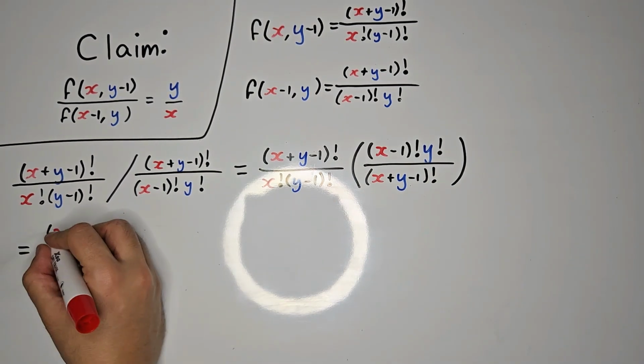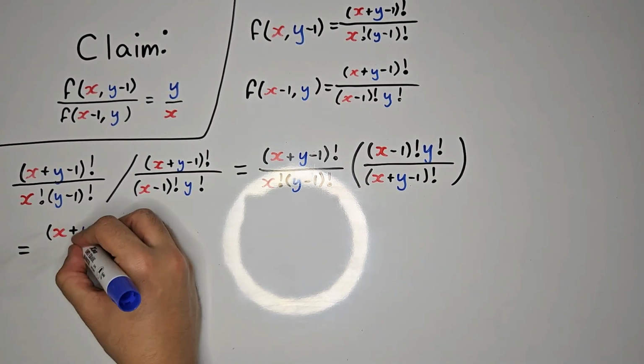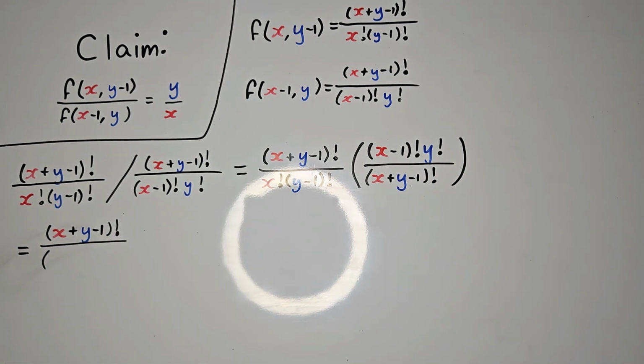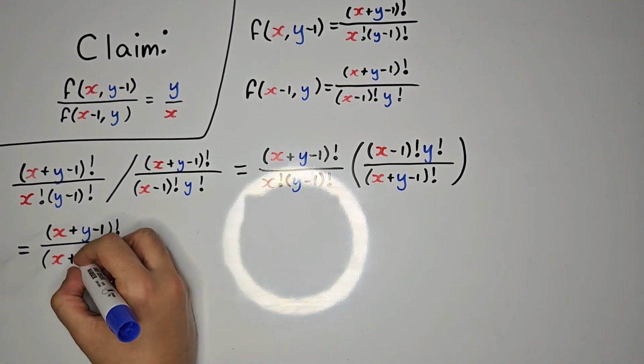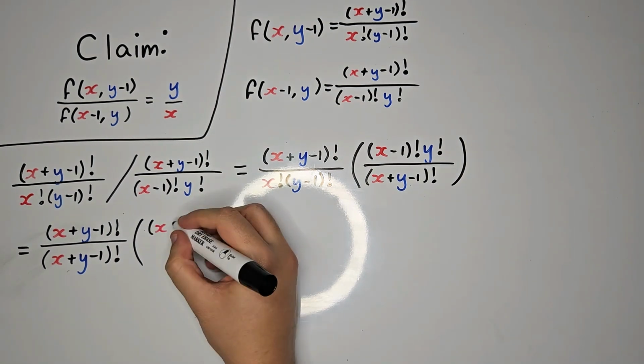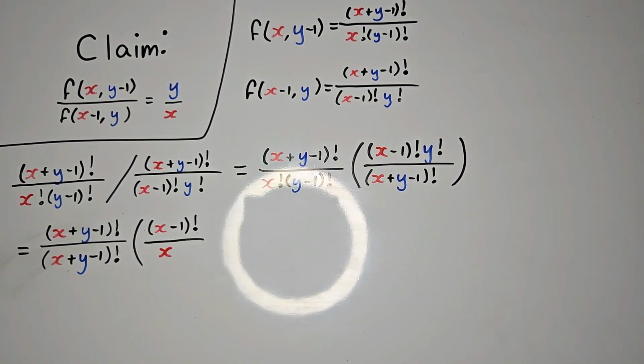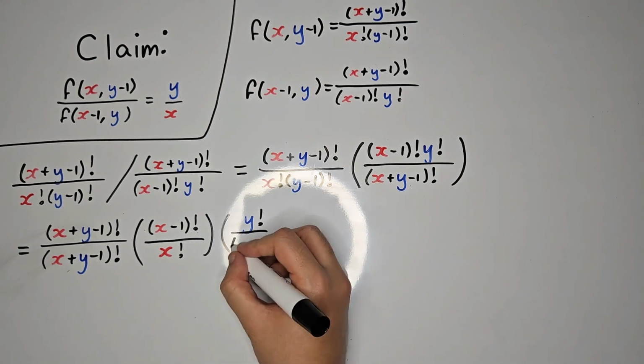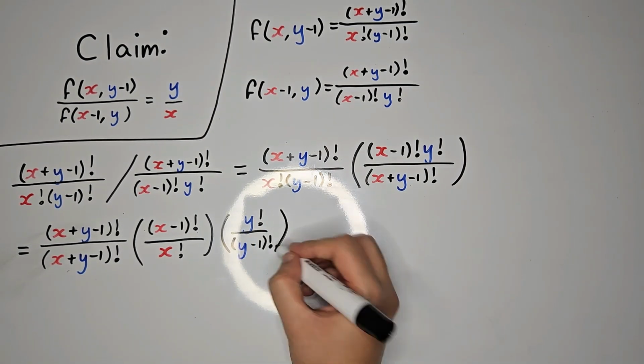From here, we can shuffle the terms around to pair up like terms in the numerator and denominator, giving us x plus y minus 1 factorial divided by x plus y minus 1 factorial times x minus 1 factorial divided by x factorial times y factorial divided by y minus 1 factorial.